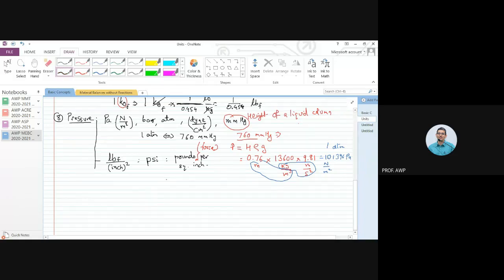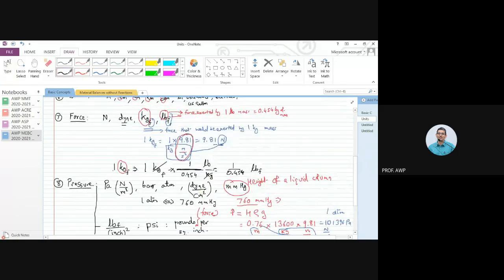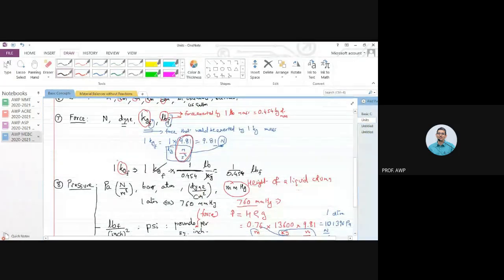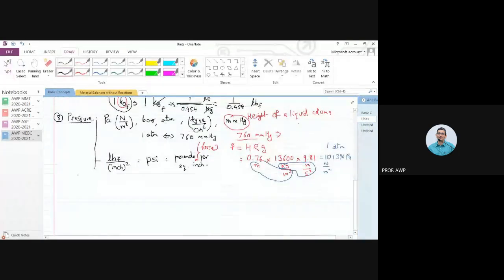So just like we have units of pounds force, we could have units of kg force, right? So pressure, we could talk in terms of kg force per centimeter square as well. Right? So you can have any unit of force, and you can have any unit of length square. So centimeter square, meter square, inch square, all those units are possible.